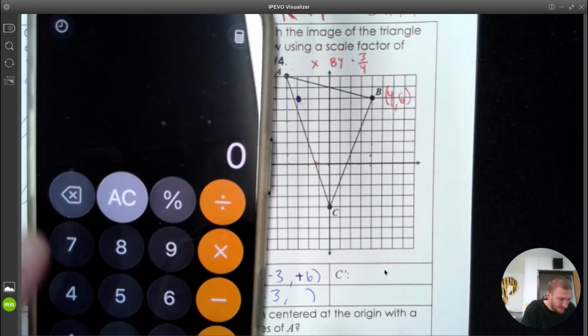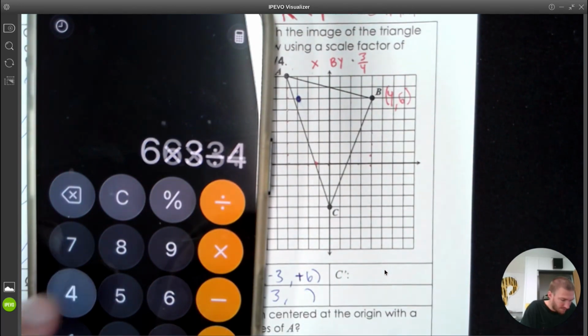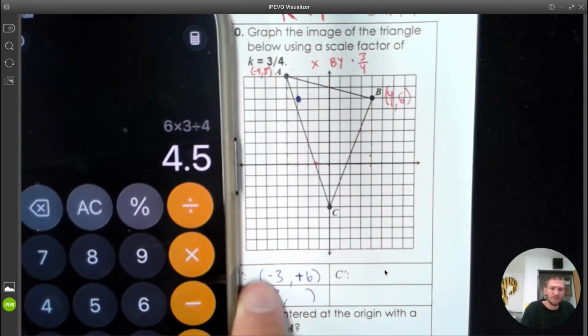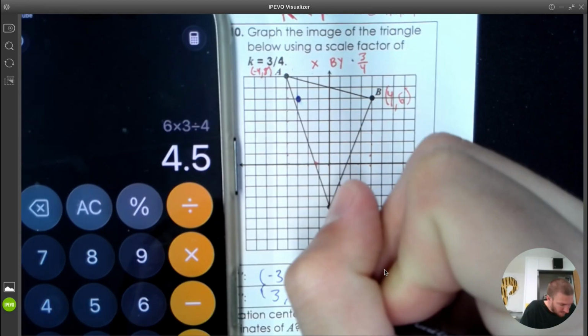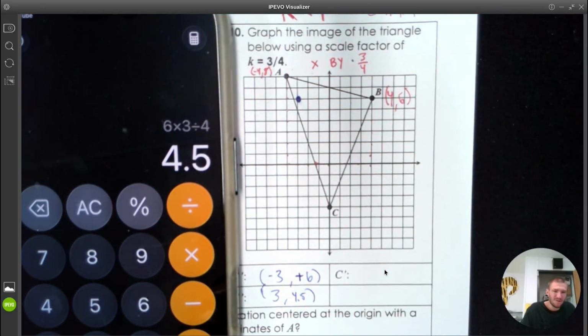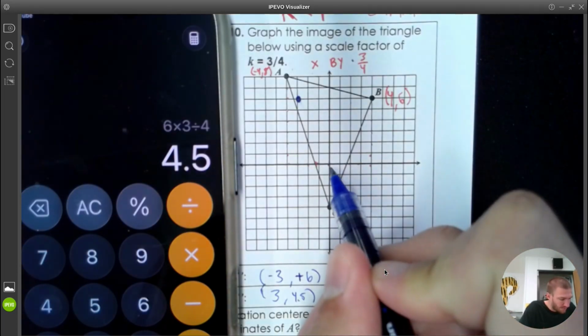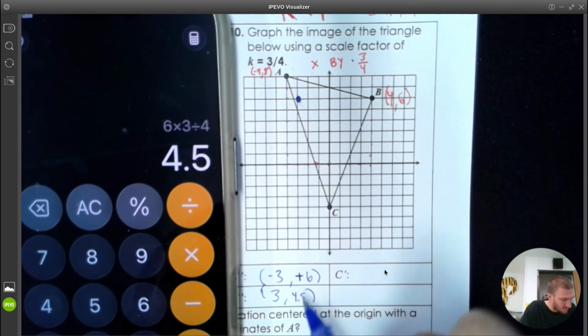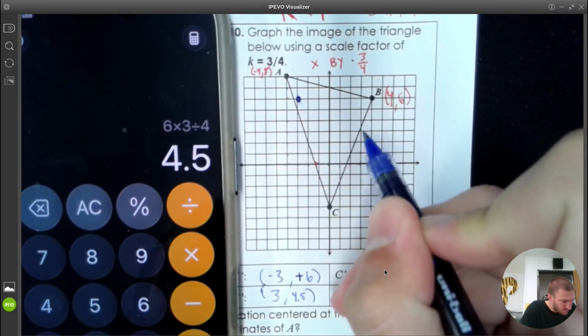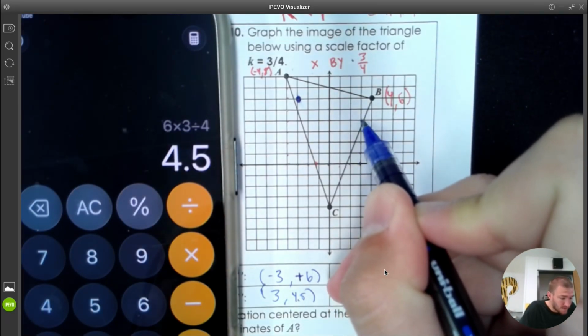And 6 times 3 divided by 4. Oh, okay, I got 4.5. Now, again, I don't really see a lot of this, to be honest, but if we do, guys, we can still figure it out. Let's go to 3. 1, 2, 3, and let's go to 4.5.